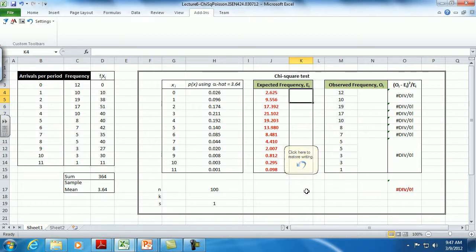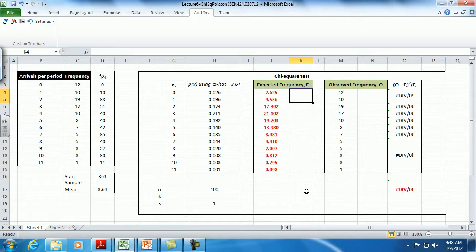Now, remember the suggested minimum for each class interval. So now we need to check that we have at least 5 observations for each class interval. Okay? In order to satisfy that condition, that the suggested minimum for our class intervals is 5.